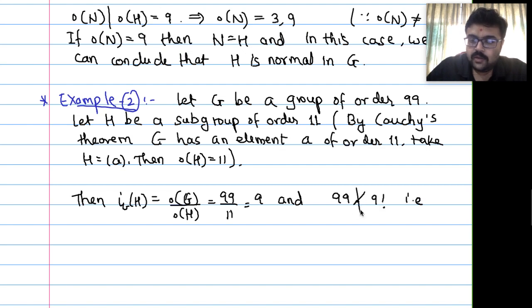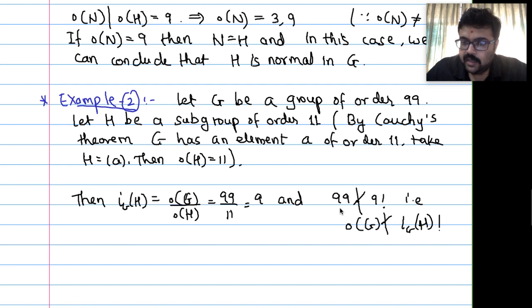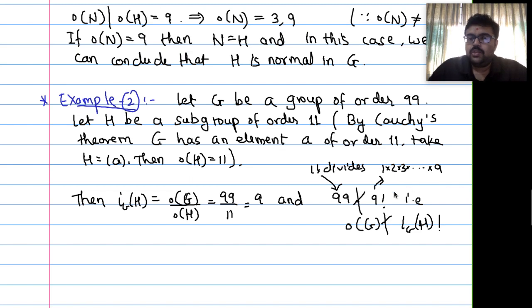So that is, the order of G does not divide the index of H factorial. Why? See, 11 divides 99, but 9 factorial is 1 into 2 into 3 up to 9. So 11 divides the left-hand side, so 11 must divide 9 factorial, but it cannot, as there is no prime 11 there. So the order of G does not divide the index of H factorial.